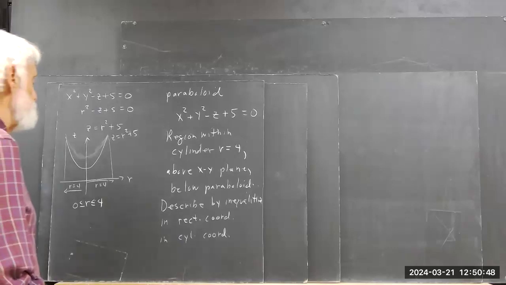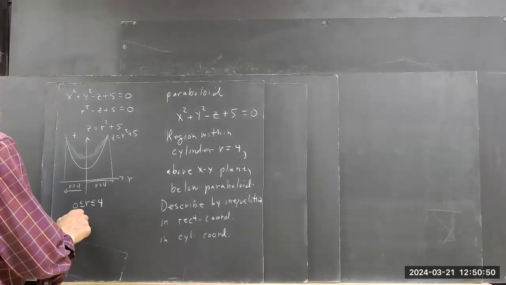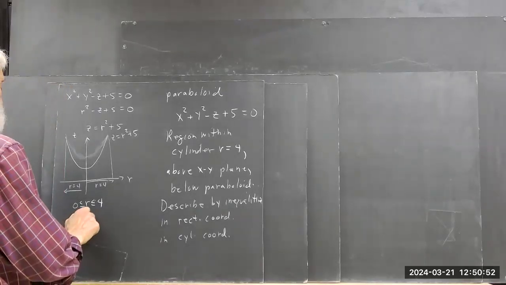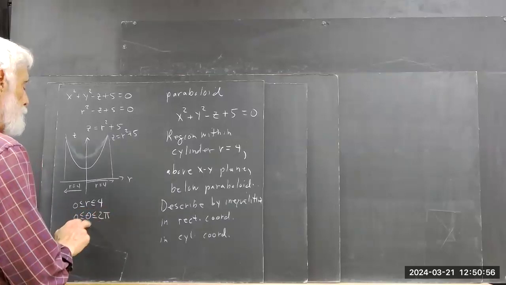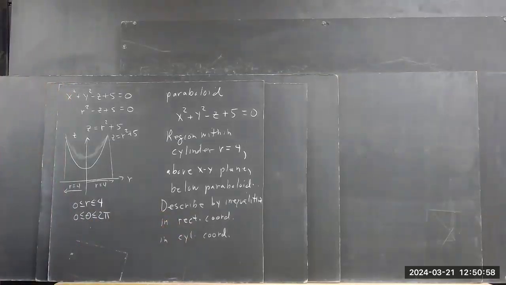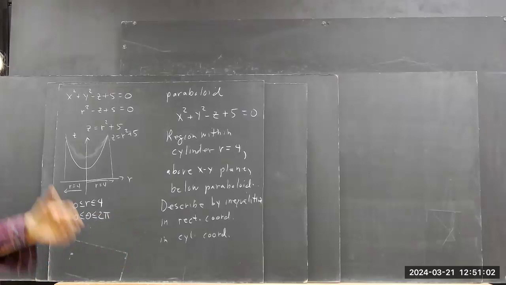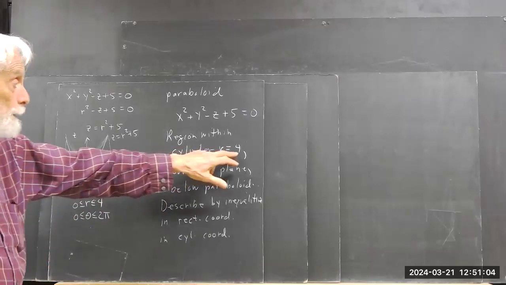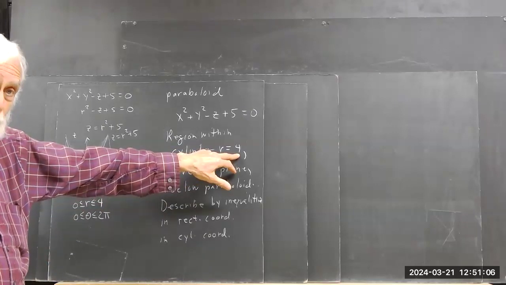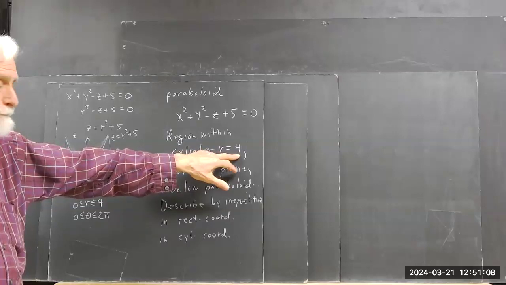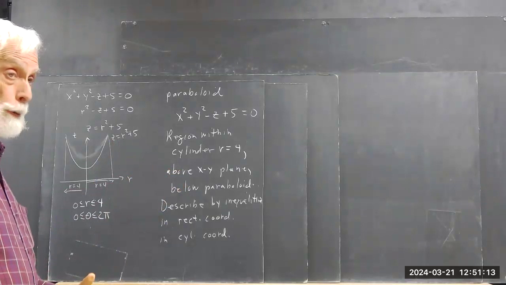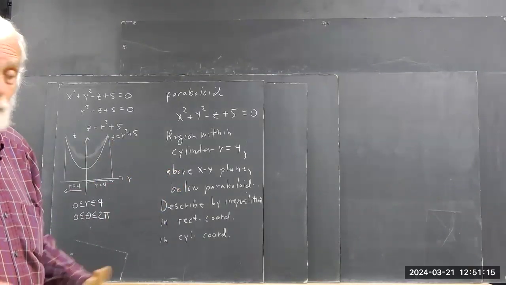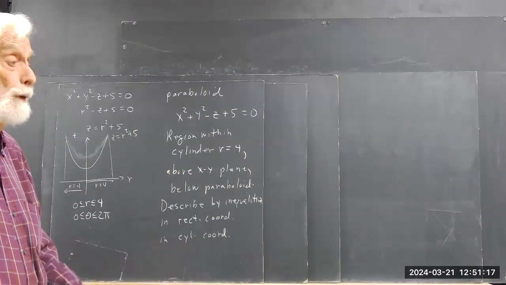And then we don't have any restriction on theta. Okay. No, it works for the whole plane. The cylinder r equals 4 implicitly includes all points with r less than or equal to 4 for all theta and for all z.